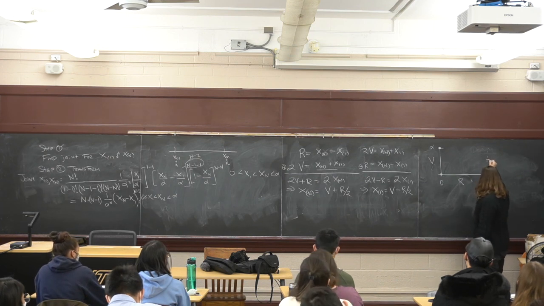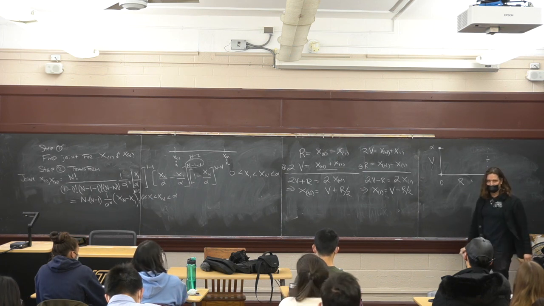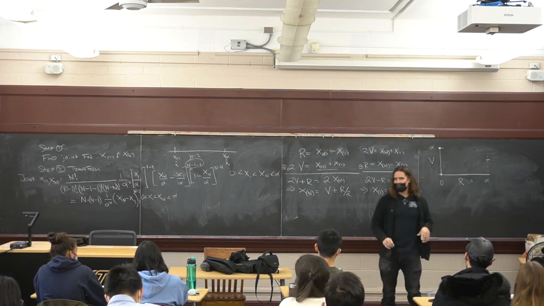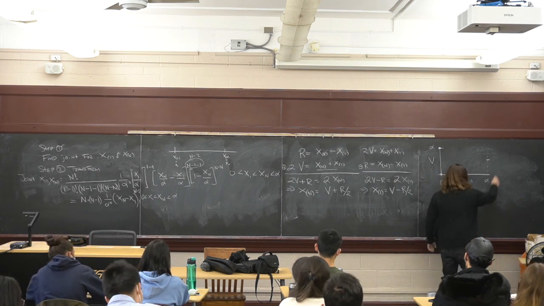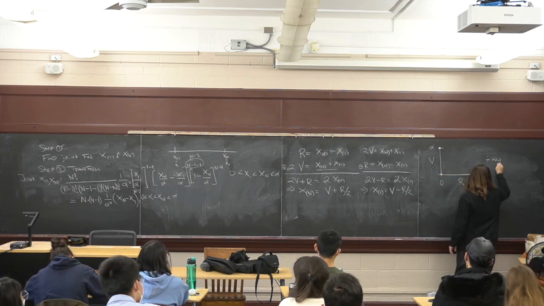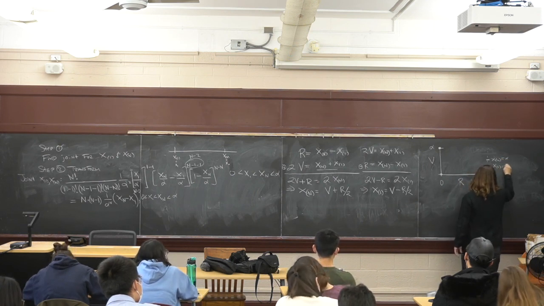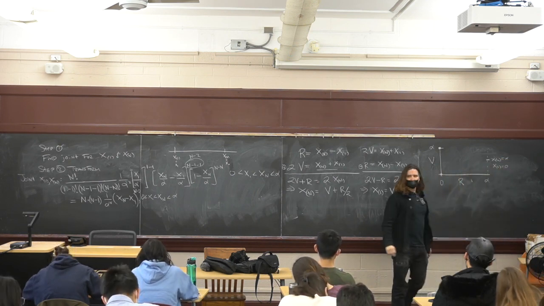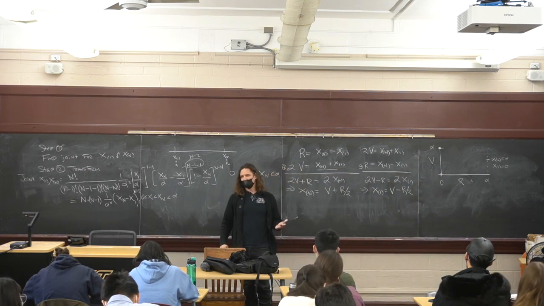So there's only one way for the range to be alpha, and that's when xn is equal to alpha and x1 is equal to 0. So again, I'm using intuition because I know what these random variables are.